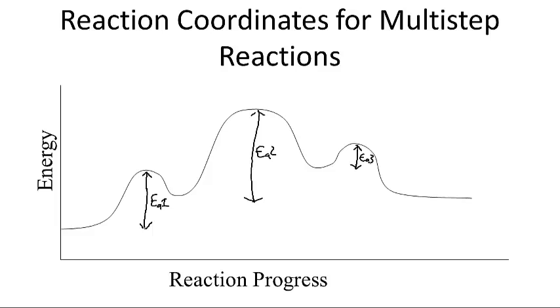Now looking at this diagram, what can you tell me about how fast each of those steps goes relative to the others? Does the first step take the least amount of activation energy?